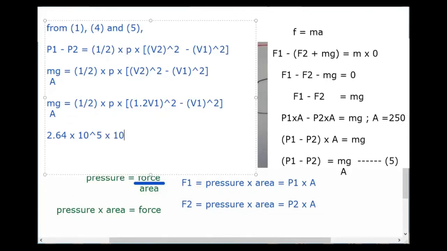G is 10. Divided by what is the cross section area of both wings? It's given. 250.